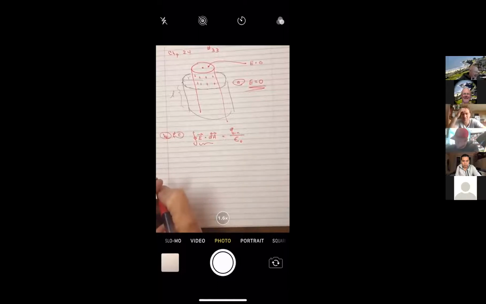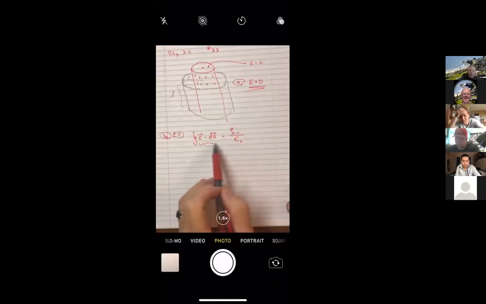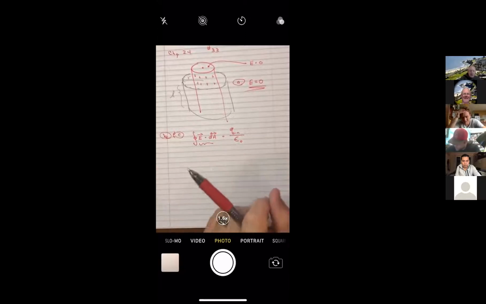I like to make this joke. I don't know if I've done it already in class, but if you'd like to know the answer to all the homework problems in chapter 24, this is it. The whole point of chapter 24 is to say that Gauss's law is a very powerful tool, and we can find the electric field for a lot of different scenarios.